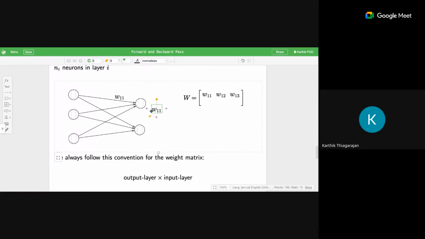and I'll maybe draw it as two separate figures, right? So let's get rid of these things. This is W12, and this is W13, right? So that is the first row of the matrix.